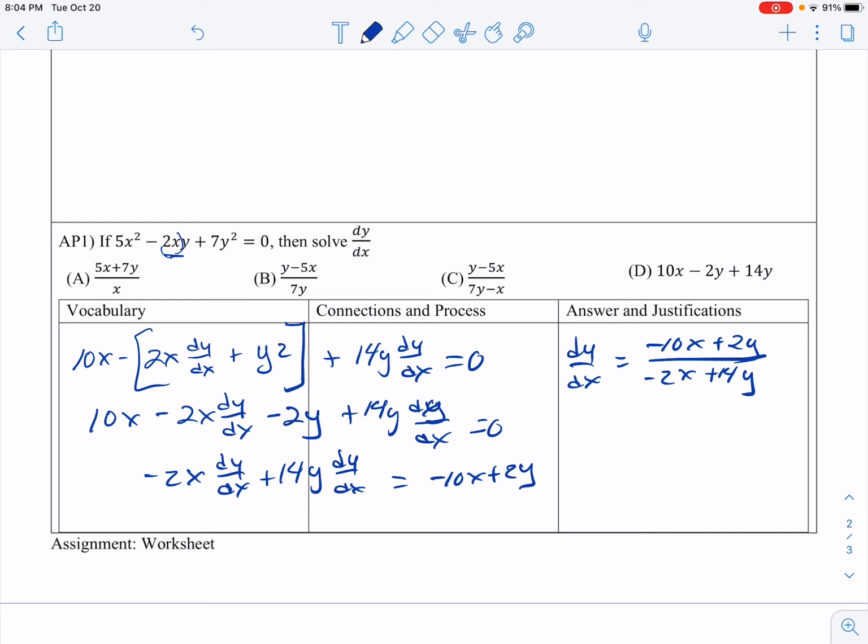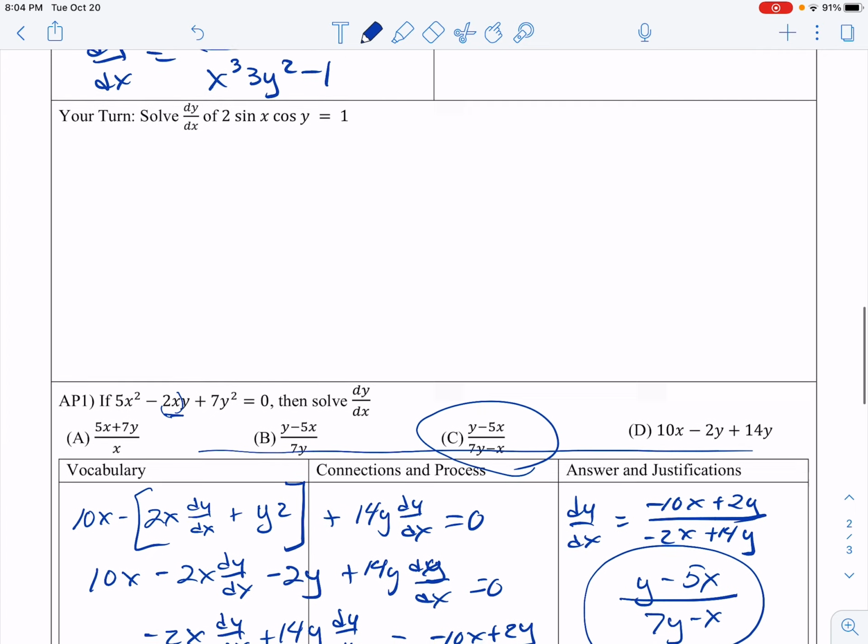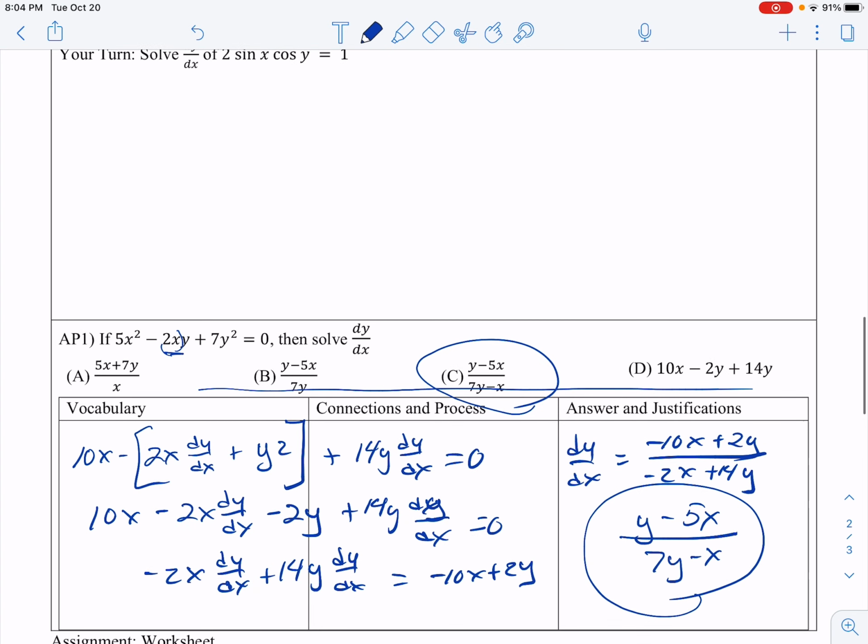And it looks like it changed the order, so I have y minus 5x over 7y minus x. Bingo. This is what I mean by do I have to simplify it? Well, if it's a multiple choice question, yep, you got to be able to match the answers. Okay, that's day 1, or part 1, of implicit differentiation.